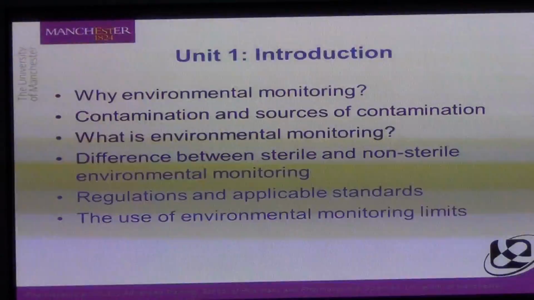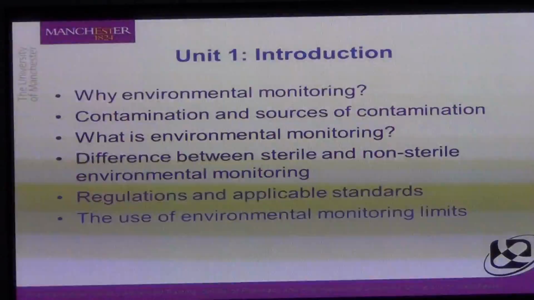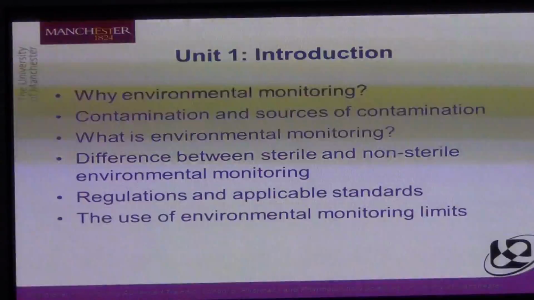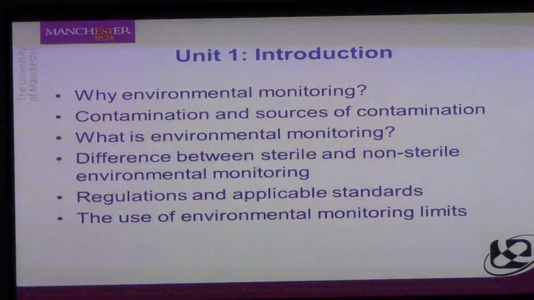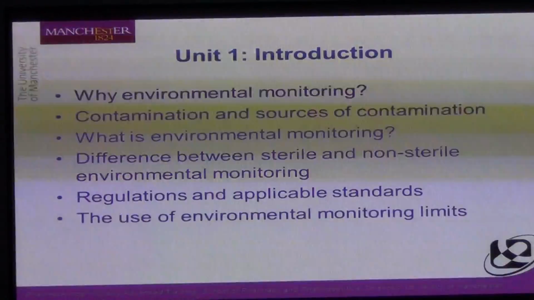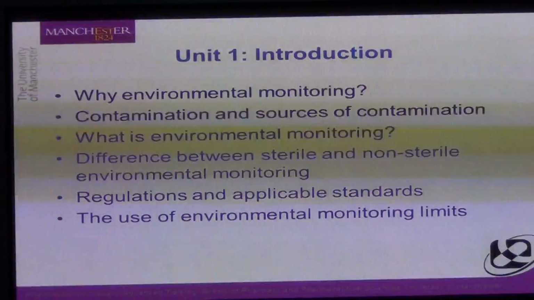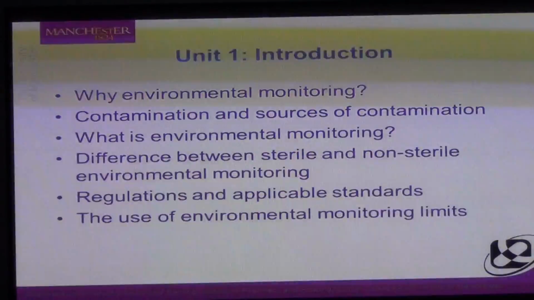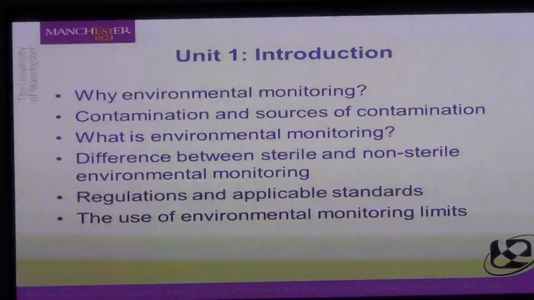It looks at different types of contamination and where that contamination might come from. It outlines what environmental monitoring is. It describes the differences between sterile and non-sterile manufacturing and environments. Looks at regulations and applicable standards, and considers the use of environmental monitoring limits.